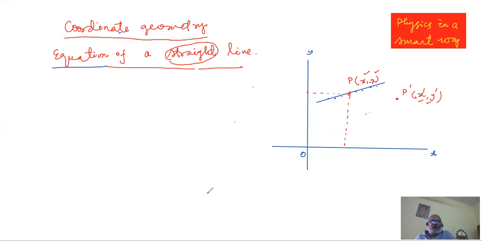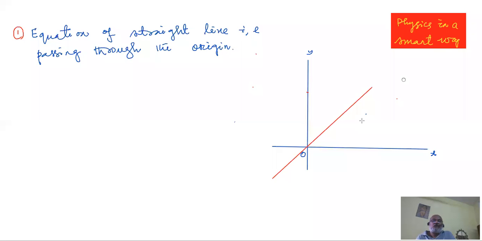Let us consider different types of lines. So we clear the screen and go into the topic. The first issue that we should discuss is the equation of a straight line that is passing through the origin.